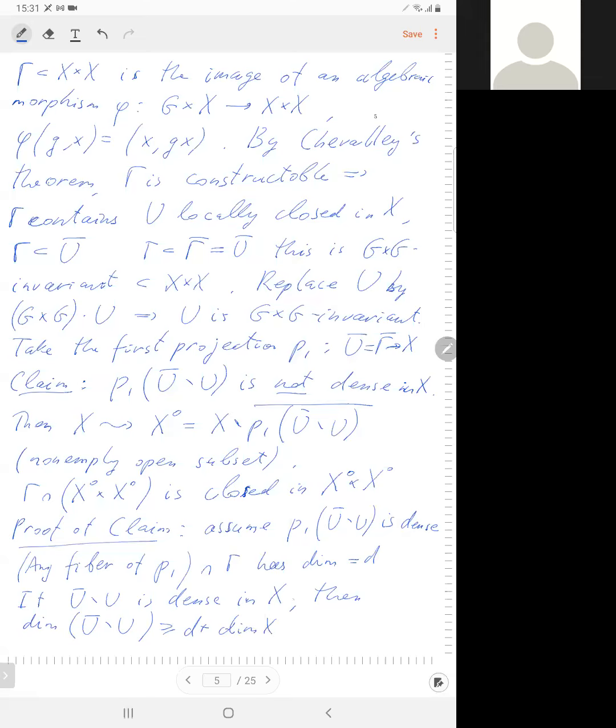Because in the base we have some dense subset which has dimension at least the dimension of X, and in the fiber we have dimension d, as the dimension of the orbit.